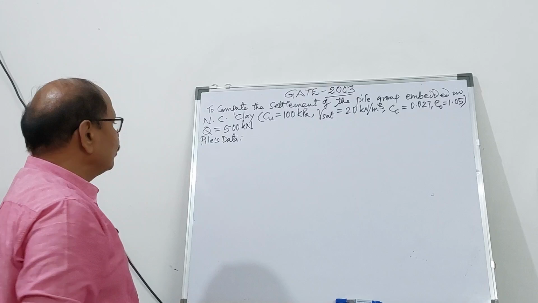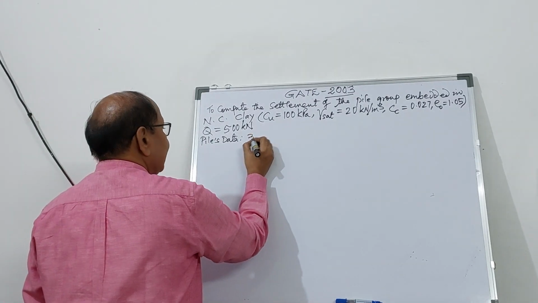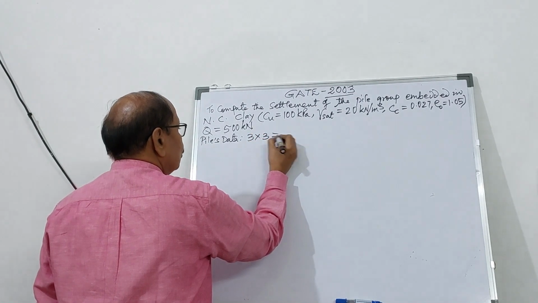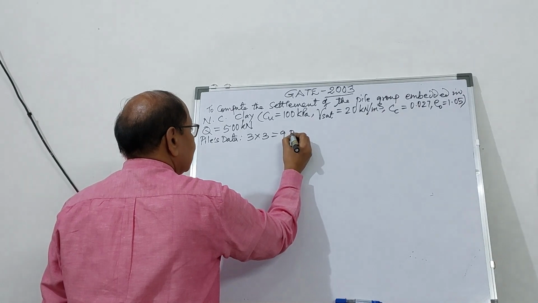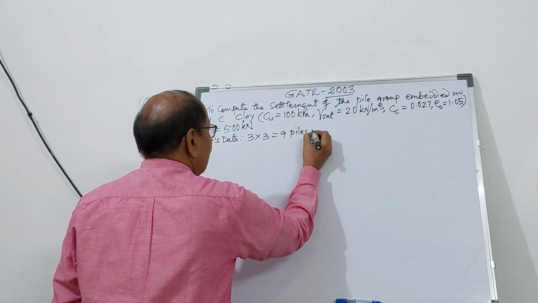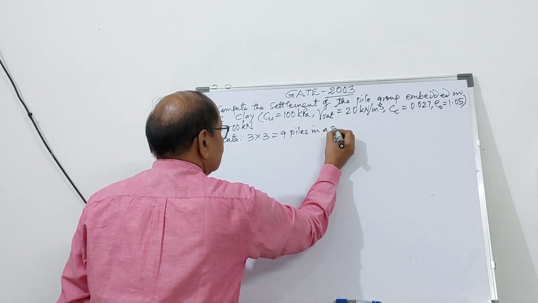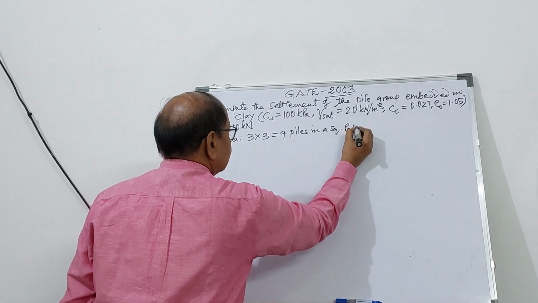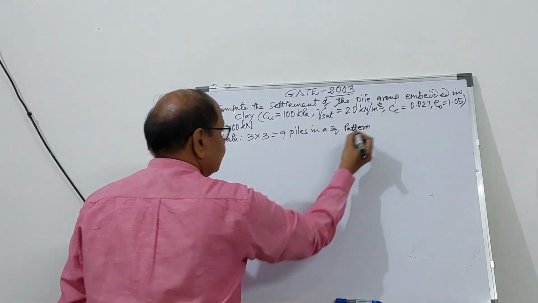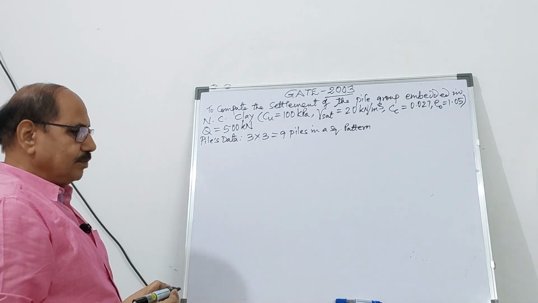It's a pile group, 3 by 3 equal to 9 piles in a square pattern. That's given to you. That's 9 piles.